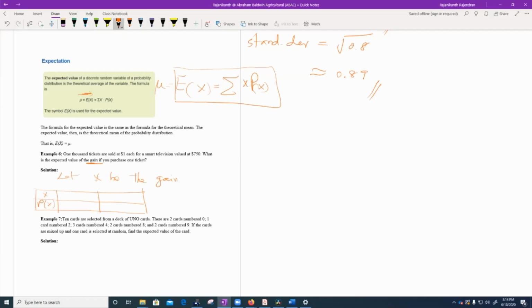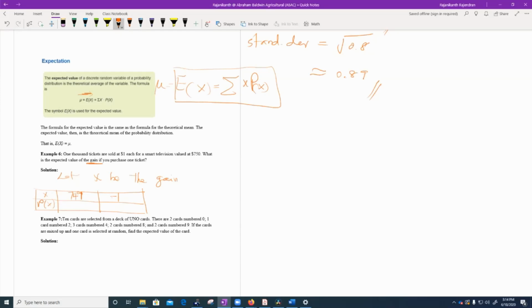Therefore, the gain or profit you will get is 750 minus 1, which is 749. So if you win this lottery, you will get 749 as your gain value. But if you lose this lottery and get nothing, you are going to lose the money you paid for the ticket, that is $1. So it is -1. So there are two possible values of x.